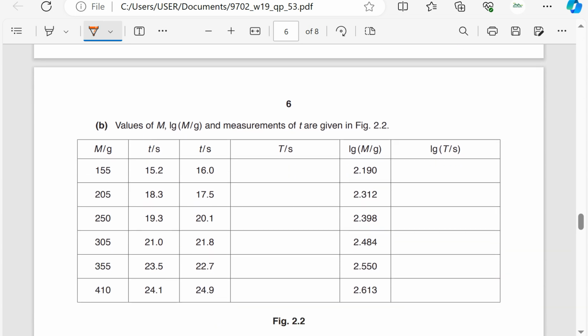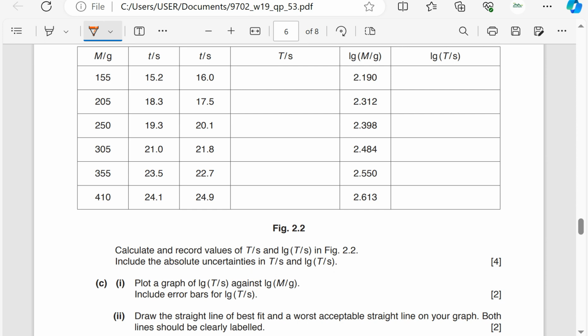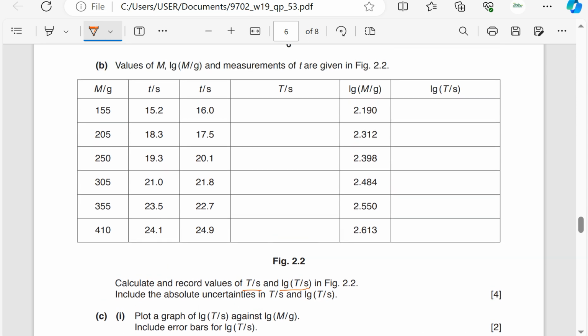Then values of m, log m, and measurements of t are given in the table. Calculate and record the values of T in seconds and log T in the figure. So remember I said the capital T, which was the time for one oscillation, was t1 plus t2 divided by 20.